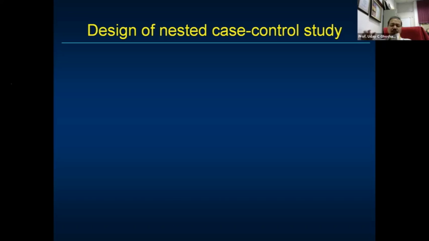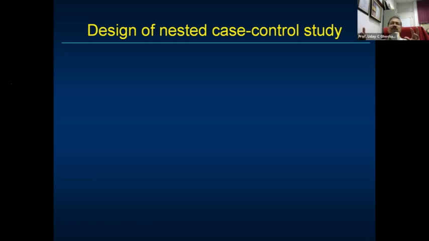You say, because we have a lot of samples in our fridge, we collected over time, they are all healthy population. Now, we have all the data of them. For each case, I will take 2 control or 3 control, matched for socioeconomic status, matched for age, matched for gender.